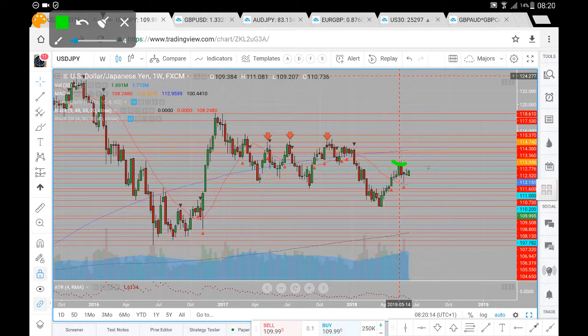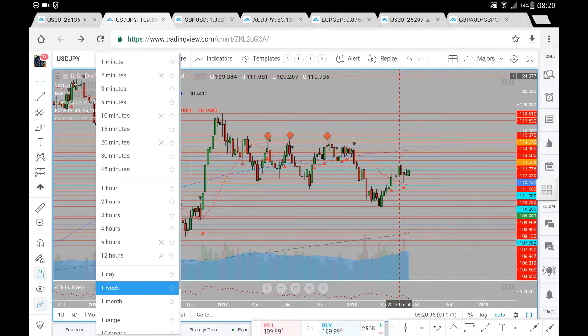We've encountered resistance around 110. Had a brief sell-off, but we are seeing that bullish buy side momentum come back into the market. So there is a possibility of forming a higher low relative to the previous lows and seeing prices head further into, say, the 112.50s or possibly towards that 113 if we can hold a potential higher low here on the US dollar against Japanese yen from a weekly time frame perspective.